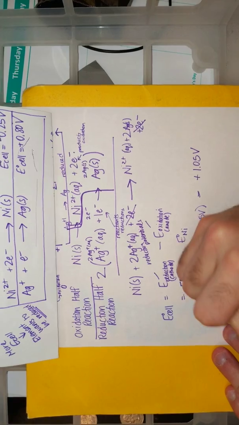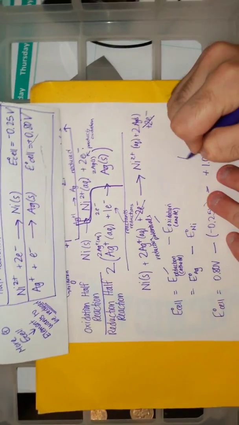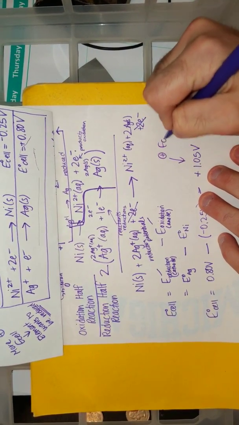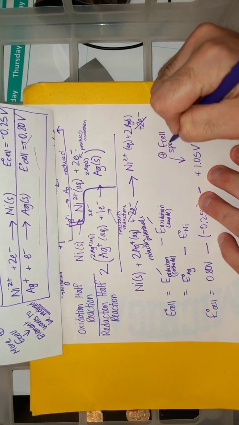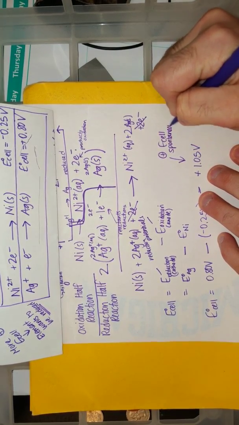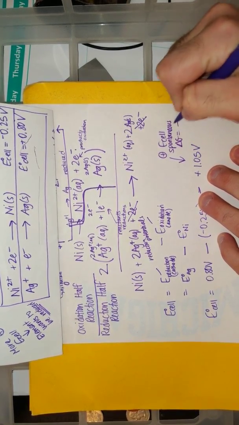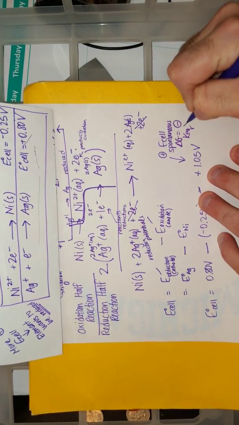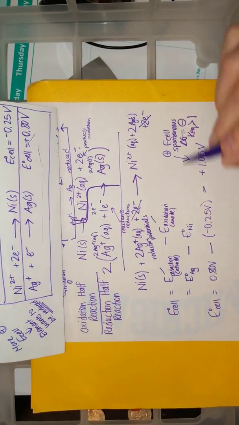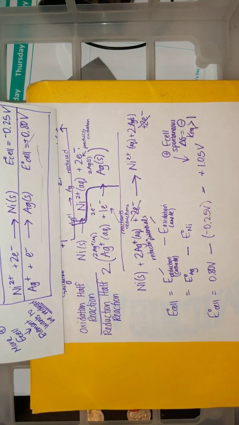Now, just a note about this E of the cell. Positive E of the cell means spontaneous. Delta G will be negative, and Keq will be greater than 1, right? So if I have a positive E cell, that means the reaction is going to happen spontaneously.